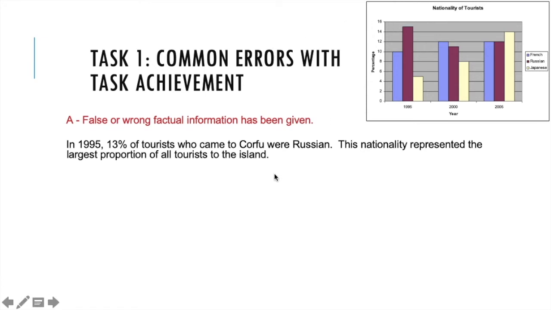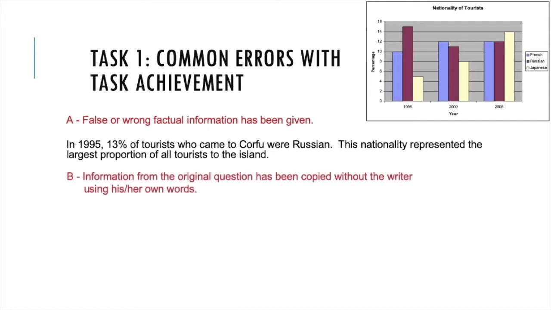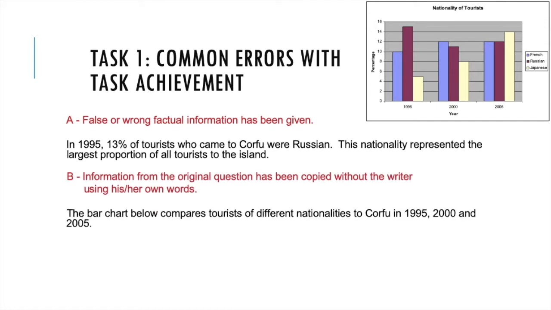And people, when they get stressed, they're not analysing the graph or the chart correctly, and they can put in the wrong figures. This is quite common as well. People just copy the description that they find in the question. These words, because they're copied, will just be taken off the total word count and you will not receive any marks.